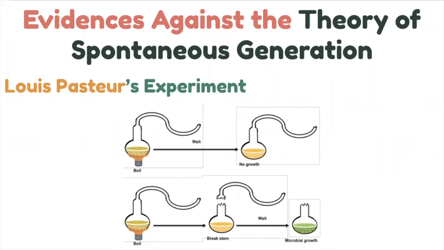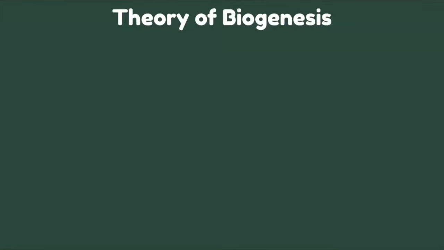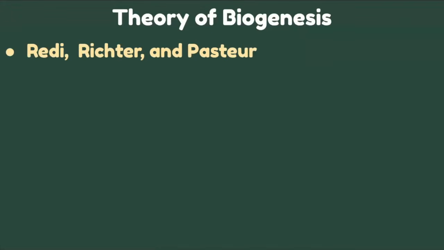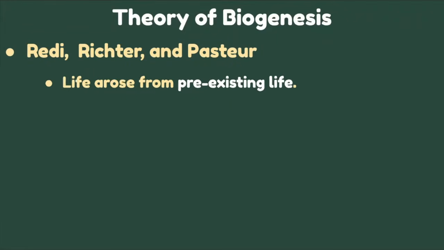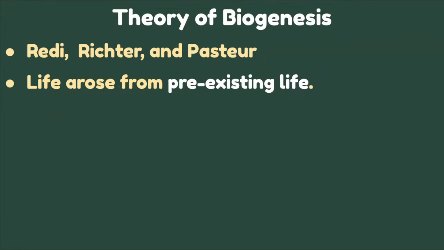Now these three experiments gave birth to the next theory, called the theory of biogenesis. The first one was the theory of abiogenesis; this one is biogenesis. This was proposed by Francesco Redi, Richter, and Louis Pasteur. According to this theory, life arose from pre-existing life.